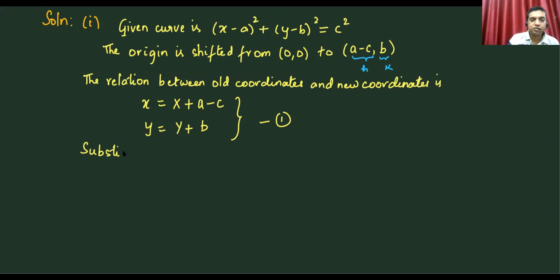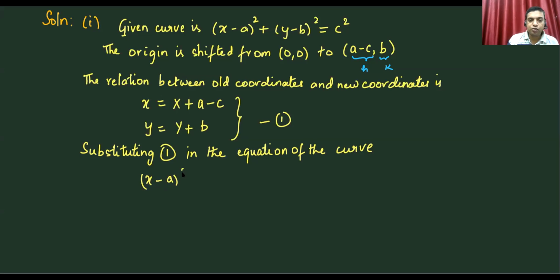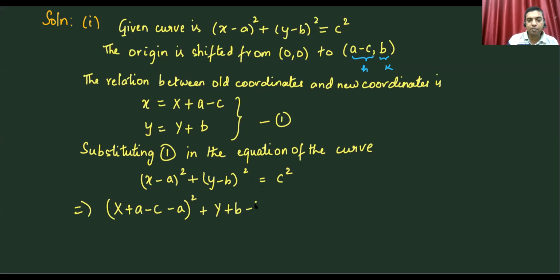Substituting in the equation of the curve, (x − a)² + (y − b)² = c², you get (X + a − c − a)² + (Y + b − b)² = c².